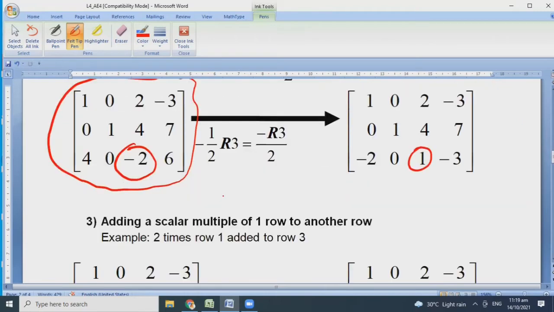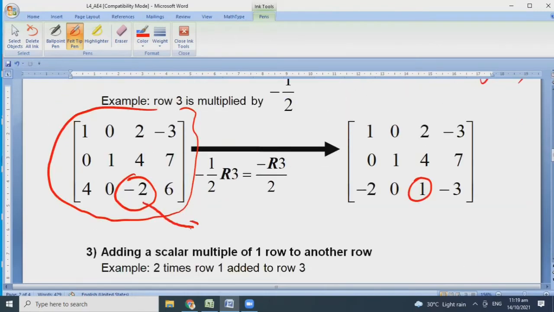Okay? So, in here, I have negative 2. Where will I multiply negative 2 to become positive 1? So, I will multiply it by negative 1/2. Right? Which row is this? Negative 2 is in row 3. Then the negative 1/2 is a fixed value.